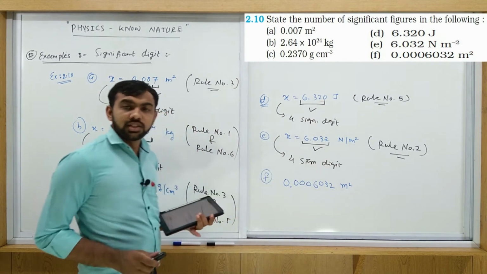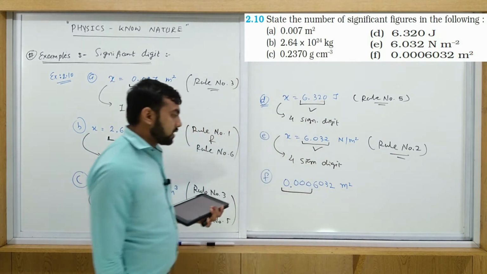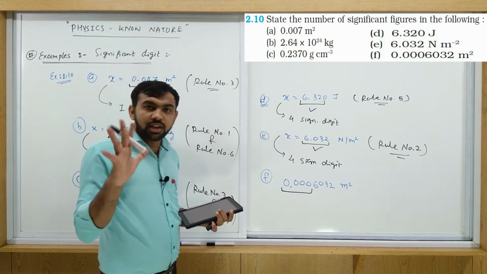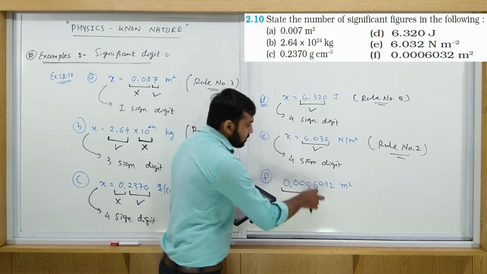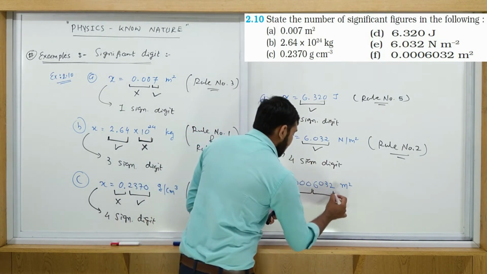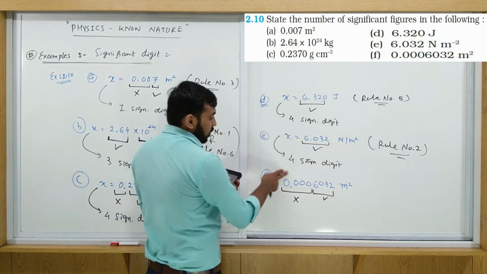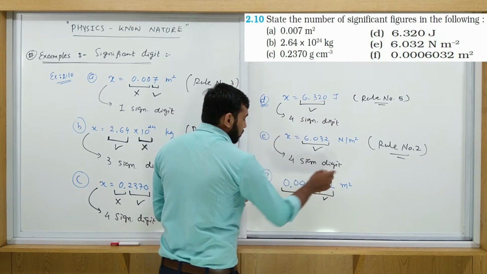In total we have 8 digits, but these are all left-hand side zeros. Left-hand side zero is not counted as significant, and this zero is between two non-zero digits, so it is counted as significant. These zeros are not significant; these are significant. So 1, 2, 3, 4.